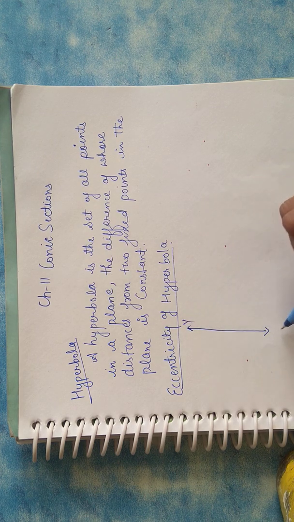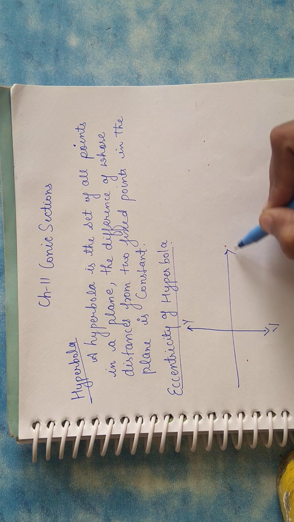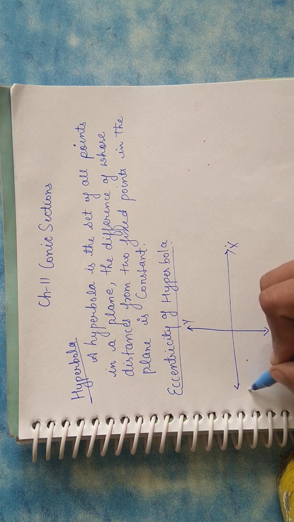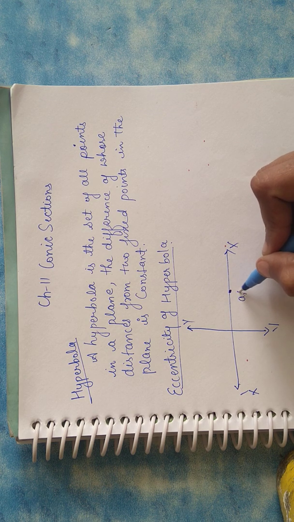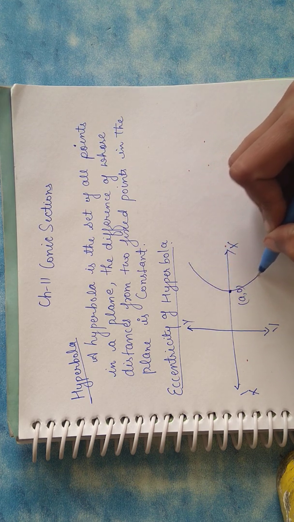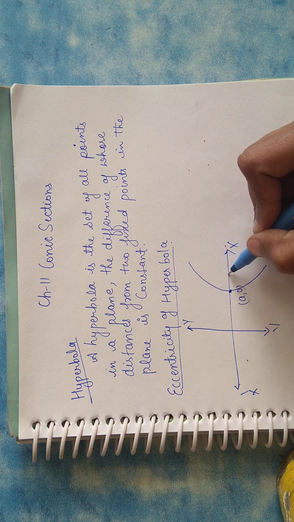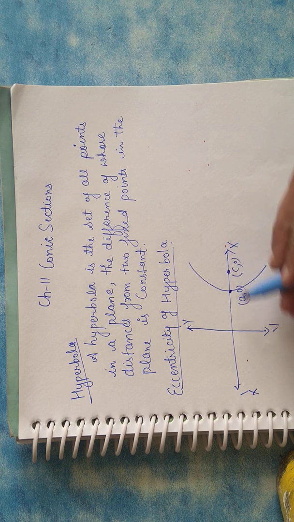This is your y-axis. Here is your x-axis, x dash. This will be your A, 0 point. And this will be your C, 0.